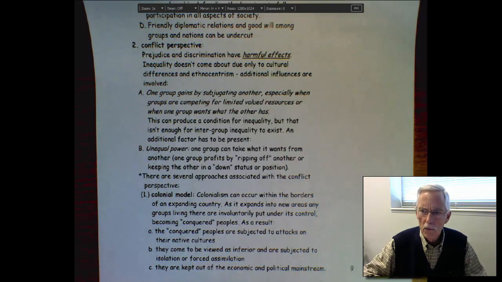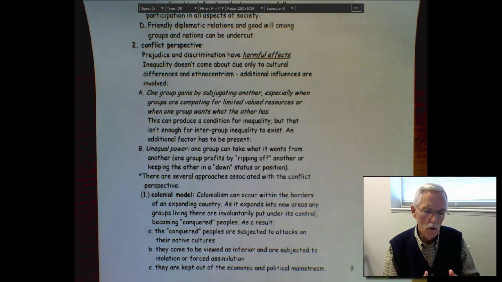If you'll notice on page 9 of your study guide, we're really talking about colonialism that takes place within a nation as it expands its borders or its territories. As it expands outward, incorporates new lands, it also takes control of any native folks who are living there. They're just involuntarily incorporated into this expanding nation.